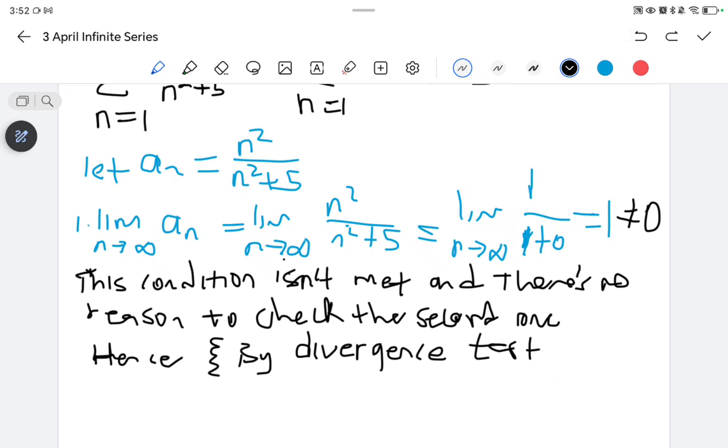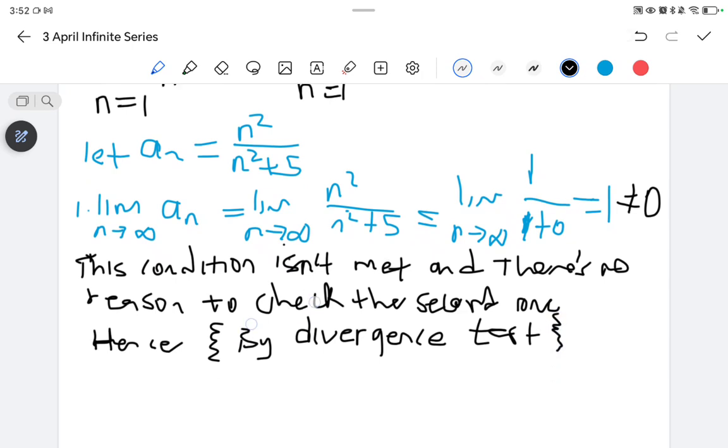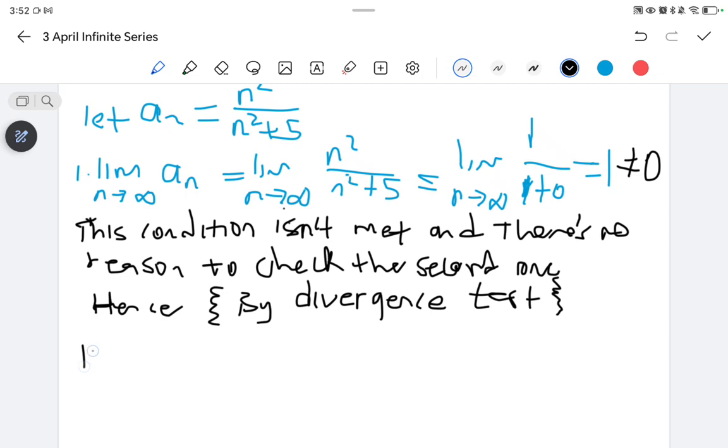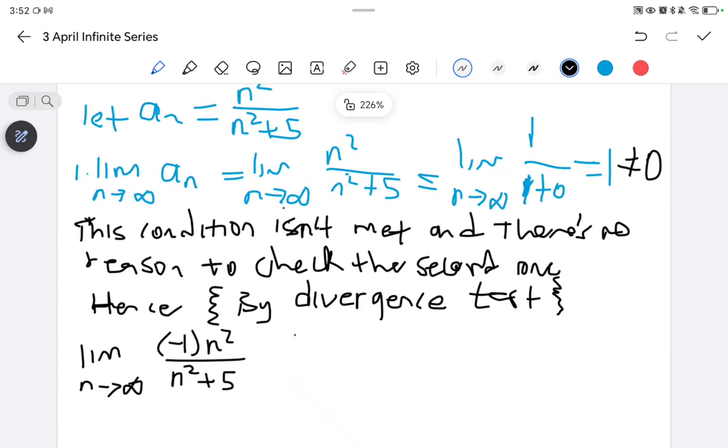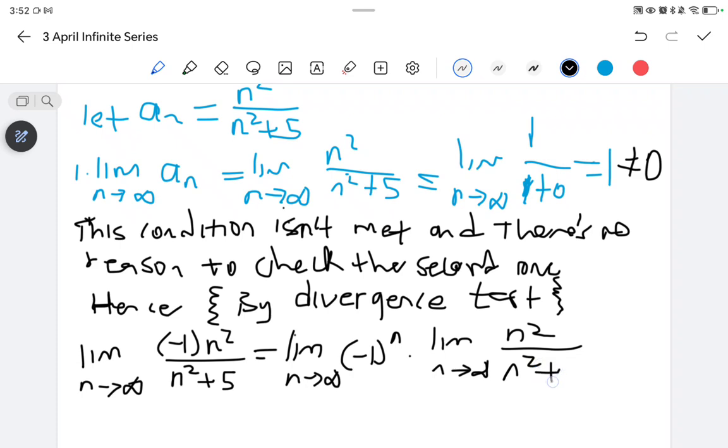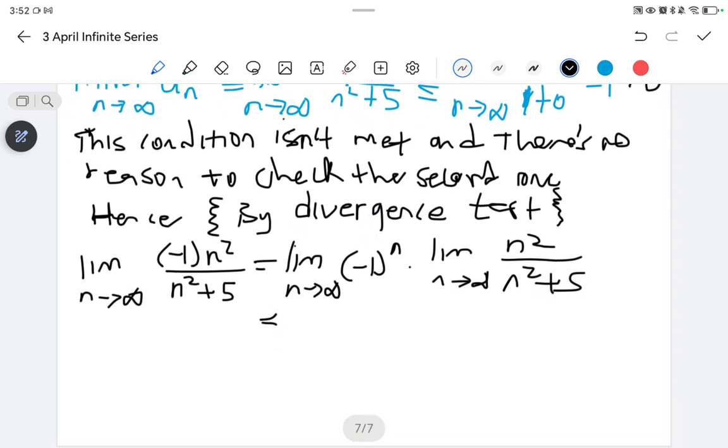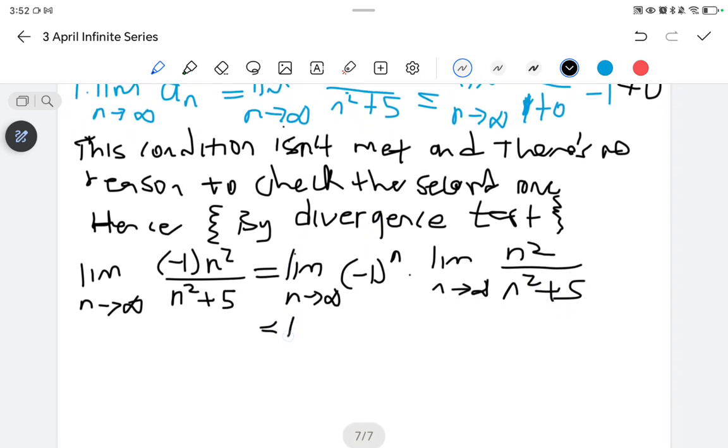So by the divergence test, we take the limit as n approaches infinity of all these. We find its limit. We know that the limit of this one is 1, right?